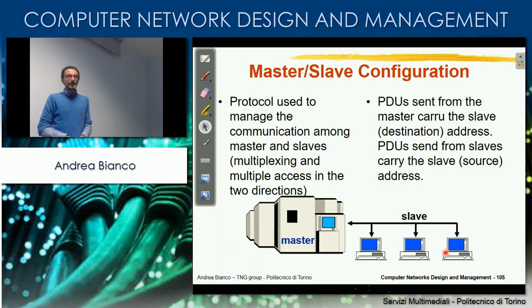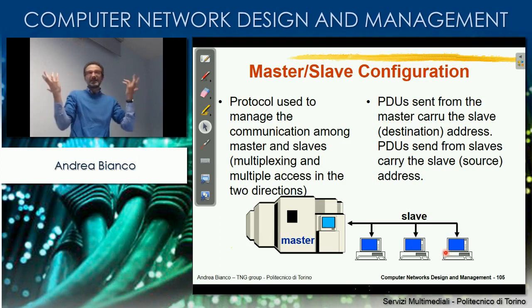Now, what's the relationship between this and the address? A lot. So when the master is sending the data, which address do you need? Only the destination, right? Because you need to address the slave. Because if on that channel only the master can send the data, well, we only need the destination address, which is the slave address, okay?